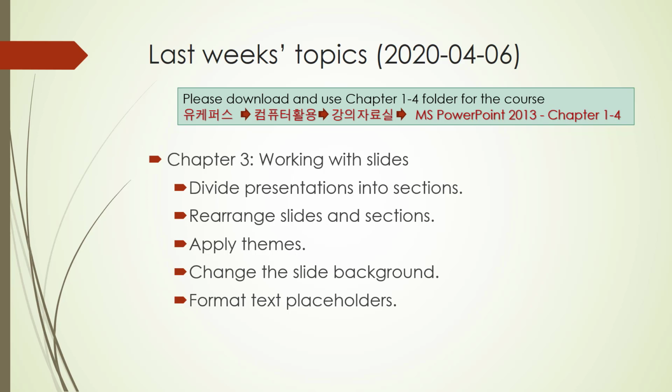We used line spacing in order to make the text more readable. We also used Ctrl plus B to make the text bold, Ctrl plus I to make it italic, and Ctrl plus U to underline the text.